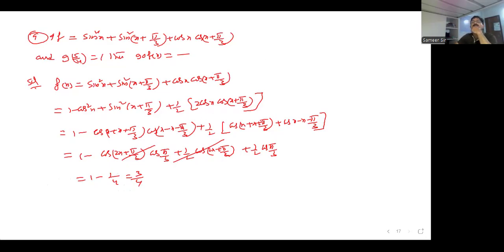This is plus, so I get 5 by 4. So this is what f of x is. That fellow said g circle f of x. Okay, g of f of x. What is the value of f of x? 5 by 4. g of 5 by 4 is how much? 1. So g circle f of x is 1. Okay, we'll move on to the next.